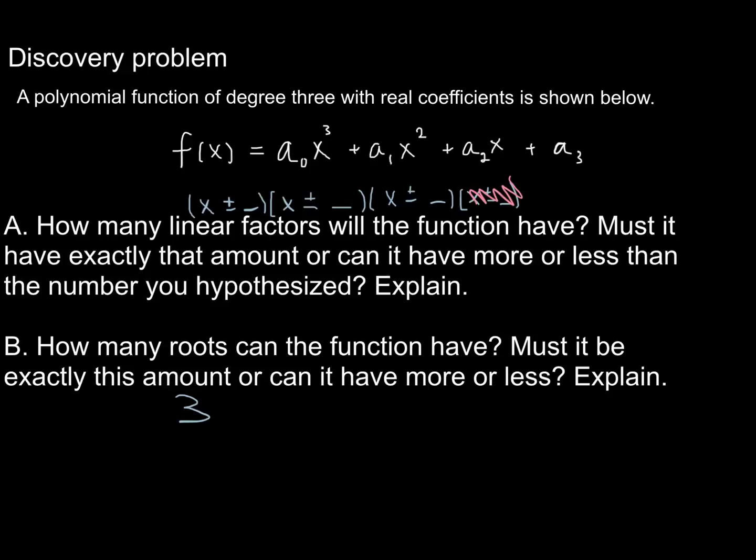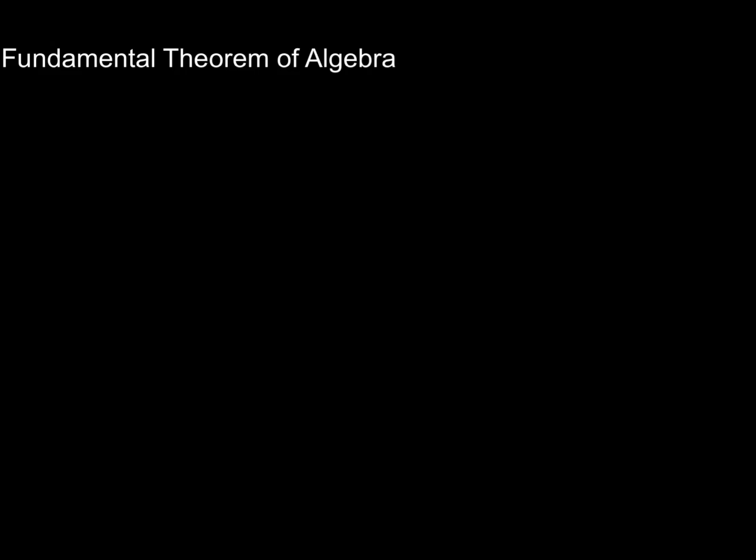And this gets to the fundamental theorem of algebra, which is basically taking this whole idea that we talked about but considering it for any polynomial. Notice we did this only for a third degree. So let's go ahead and take a look at the fundamental theorem of algebra, and I actually want you to try and state it on your own. Okay, so here's going to be your goal. You're going to try and write out what the fundamental theorem of algebra is.